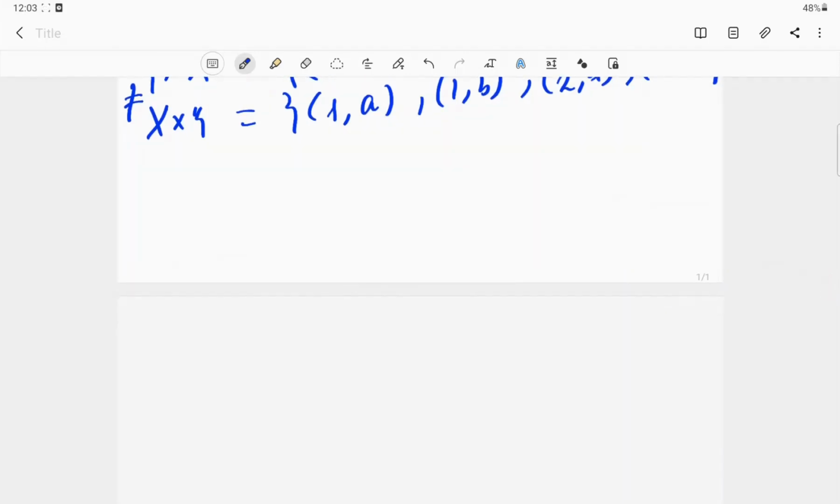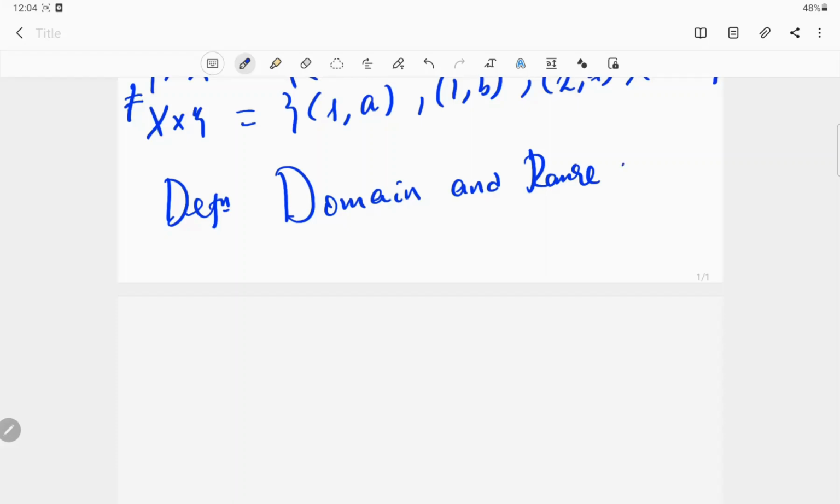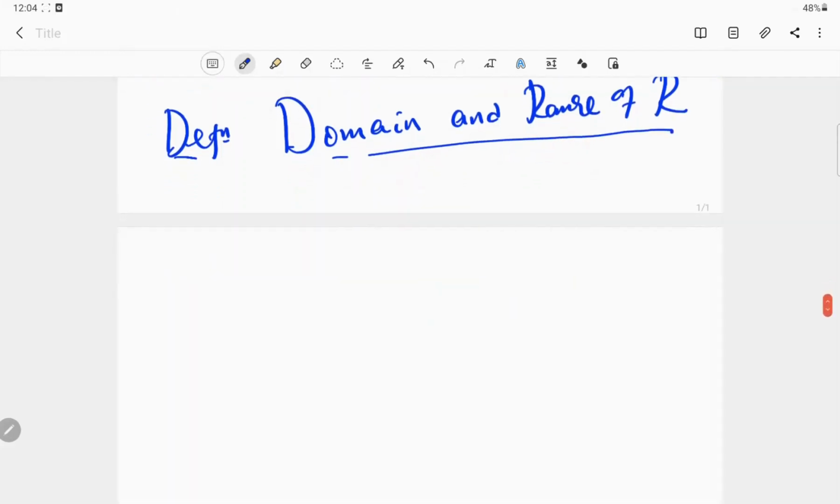The next is, let's define what the domain and range of a relation R mean. Let R be any relation.